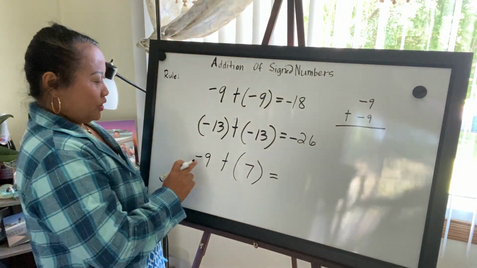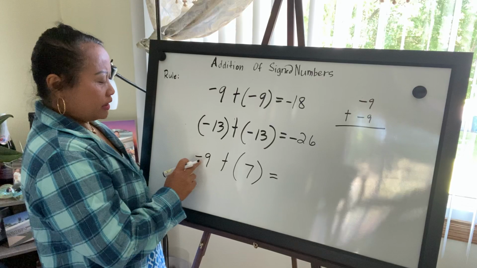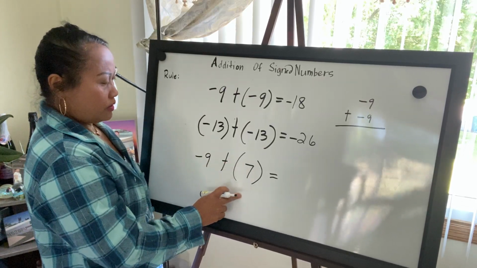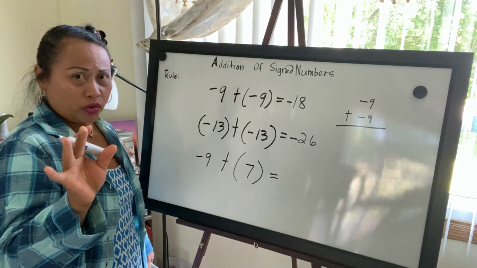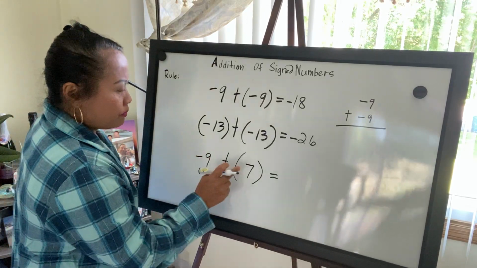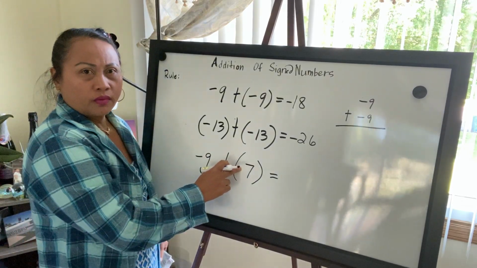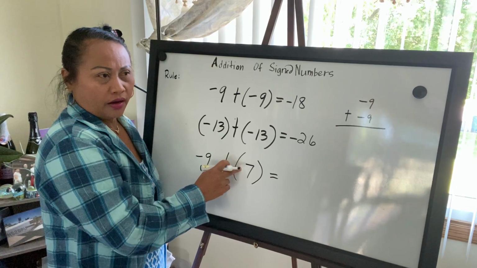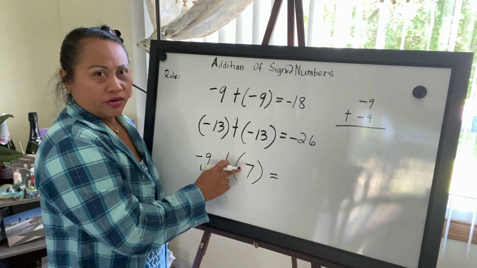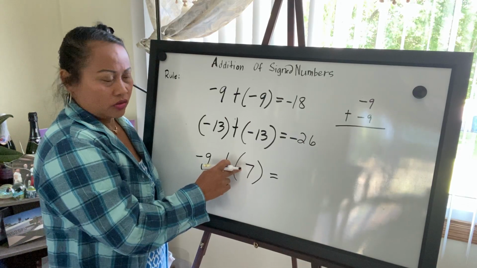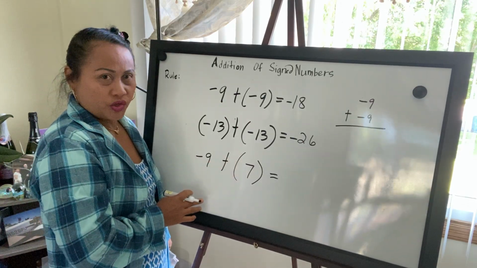Okay? So, here, negative 9 plus positive 7. The first thing to do is to look at the sign. Negative, positive. So, they have different signs. You know, they are unlike signs. So, we have to subtract.